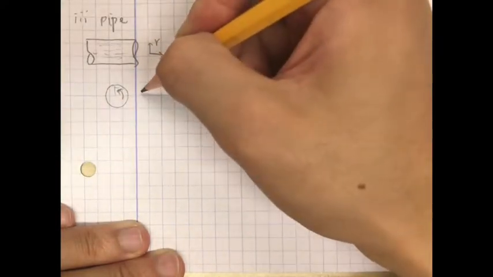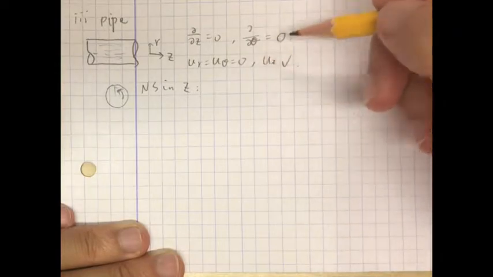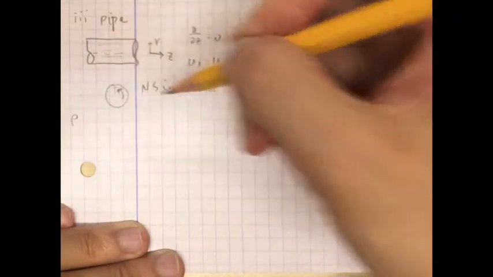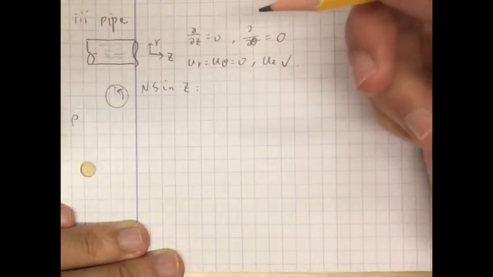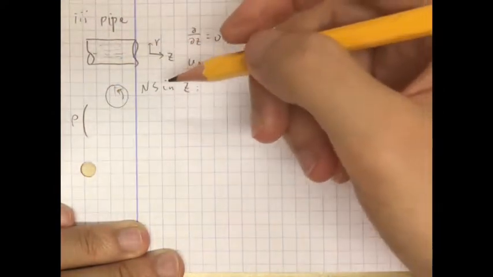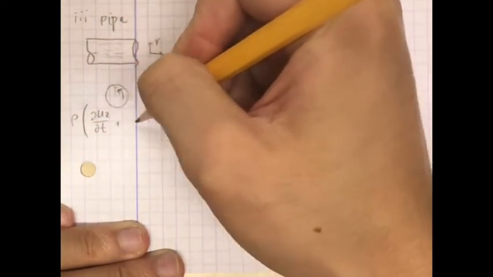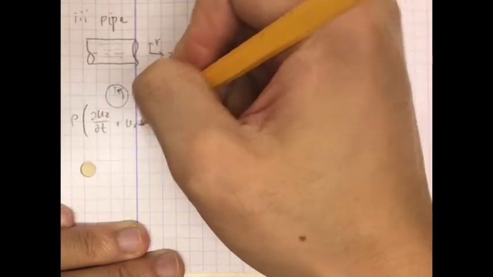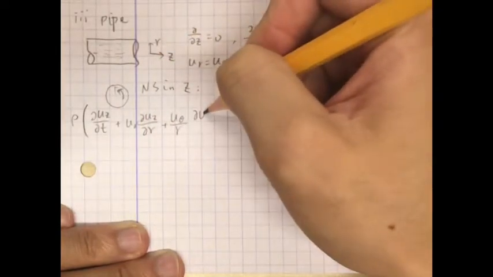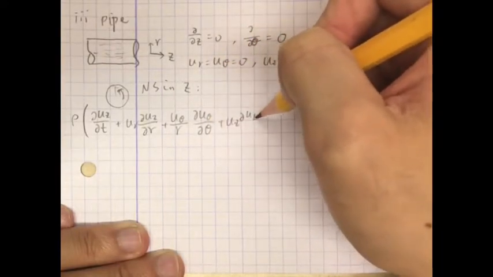Now we can write the NS equation in the z direction because we only have uz, right? Since it's the first time we encounter this, I will write the full form of the NS equation for you. ∂uz/∂t plus ur ∂uz/∂r plus u theta over r ∂uz/∂theta plus uz ∂uz/∂z.